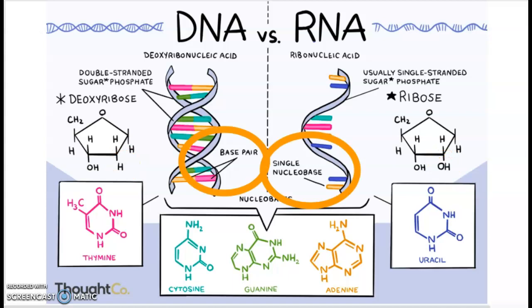Another key difference, so the different base pairs that we talked about earlier are present in DNA and RNA. You'll see that the 3 that they have in common are listed below: cytosine, guanine, and adenine. But on the RNA side, you'll see that the other nucleobase is uracil, whereas in DNA on the left, it's thymine. And those actually have very similar structures.